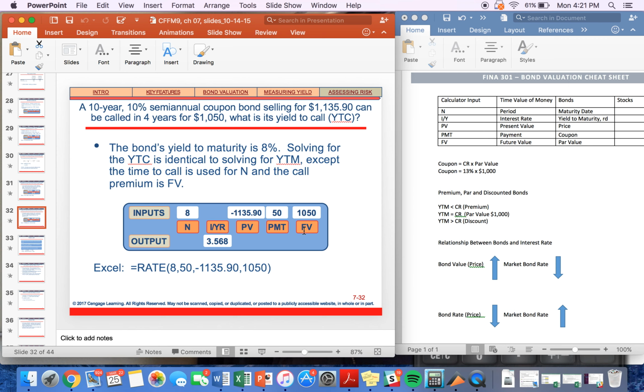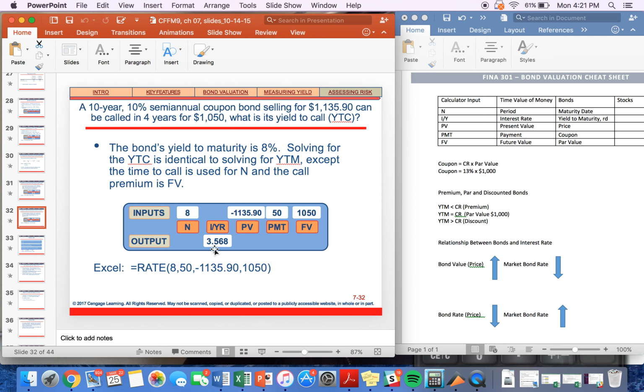But in this situation, your par value is $1,050. And so the future value changes in this question and does not hold at $1,000, okay? So if we calculate that, we get a yield to call of 3.56%. Now remember, like with time value of money, that 3.56%, that isn't your annual rate, that's your semi-annual rate.